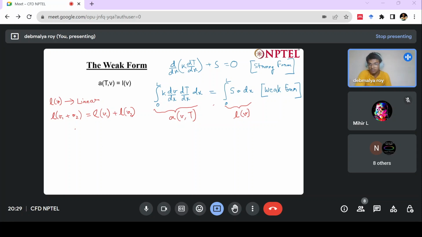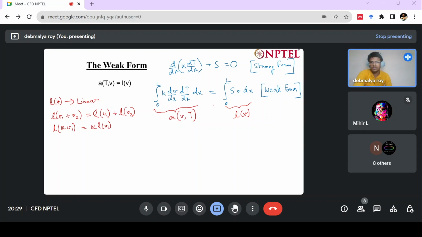And also there is another property of linear terms: if you multiply it with something, then it simply comes out, and you are left with the alpha integral. Here also you can see, if you multiply it with a constant, it's still inside the integral, the constant will come out, and you will get this. So linear is pretty simple.